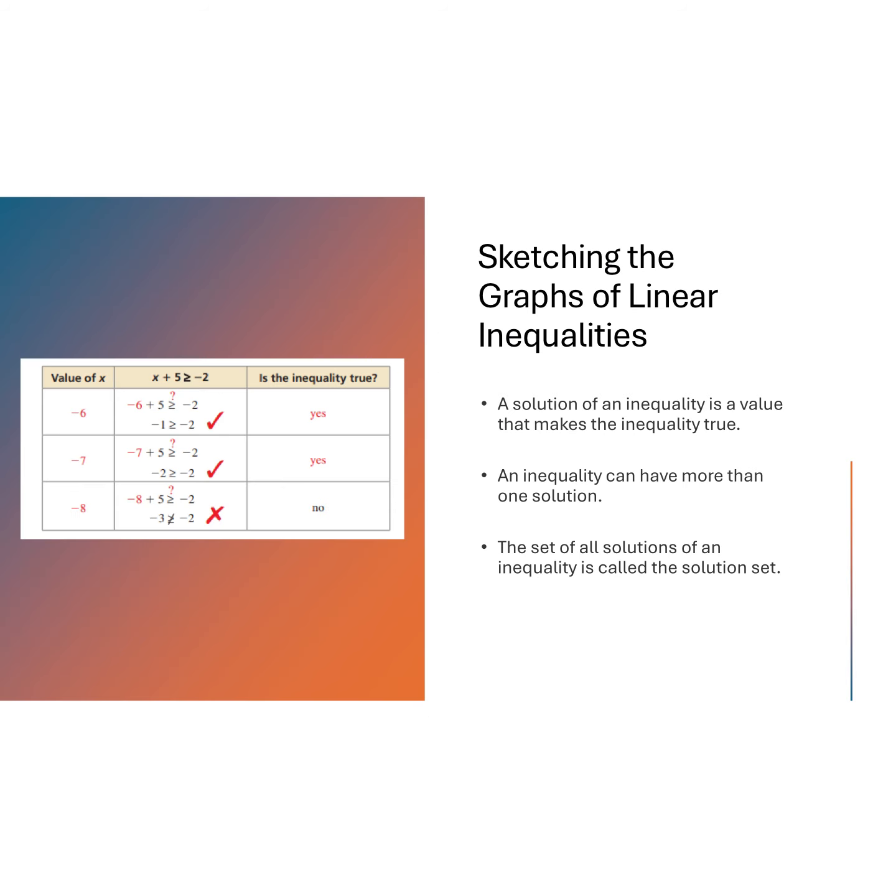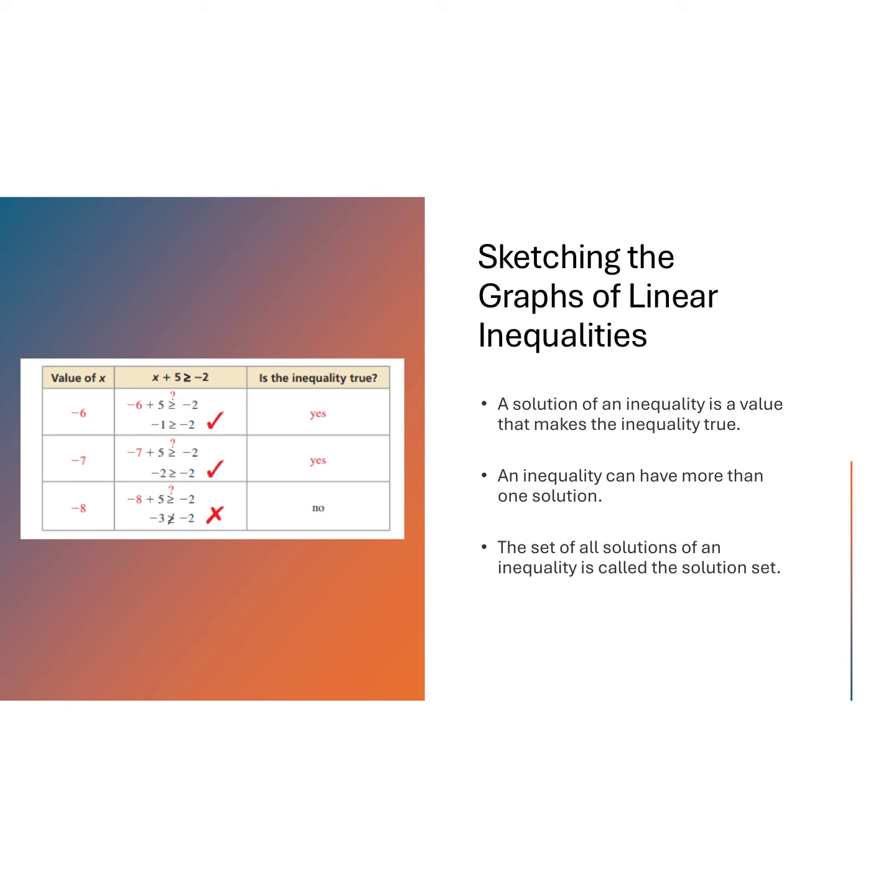Okay, the next slide is sketching the graphs of linear inequalities, okay? Sketching the graphs. A solution of an inequality is the value that makes the inequality true. So the solution is going to be the what? If it's going to be true. An inequality can have more than one solution.